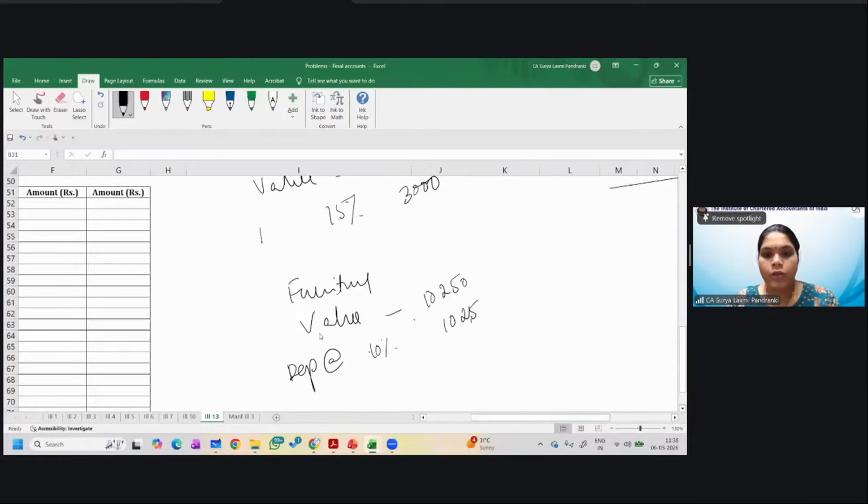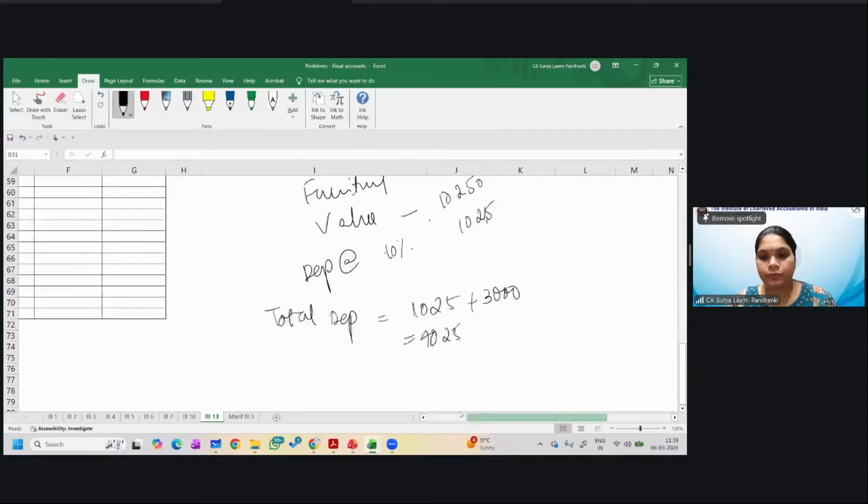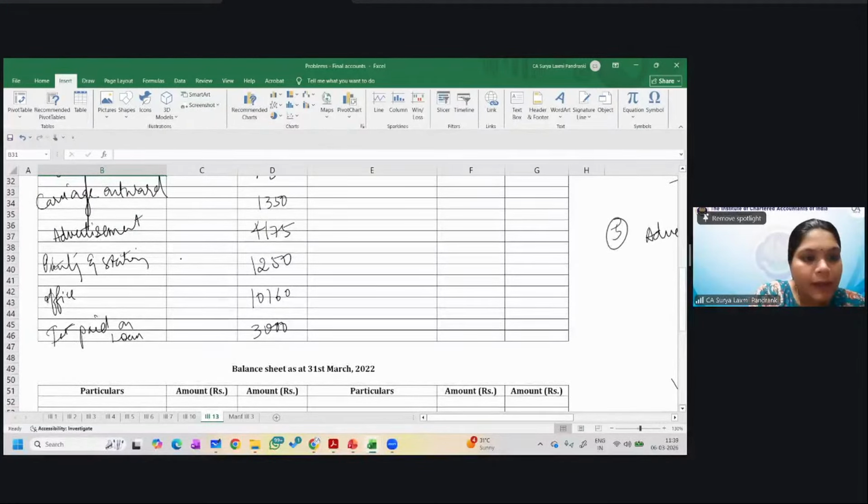Okay. So total depreciation is how much? 1025 plus 3,000, which is 4025. Depreciation is 4025. Since I don't have space, I'm not able to insert, I'm writing it here. It is 4025. Okay.